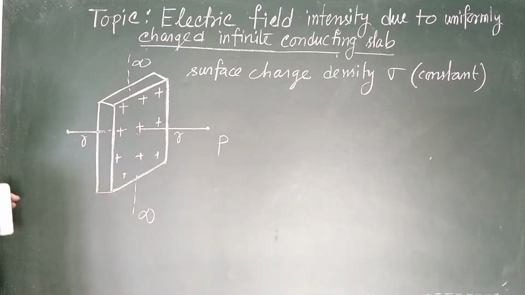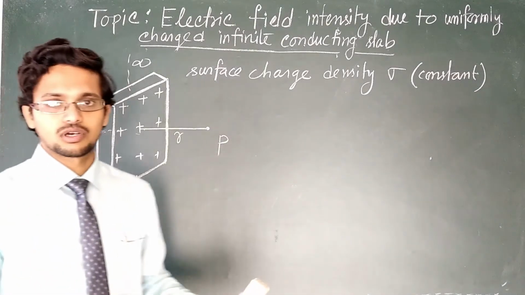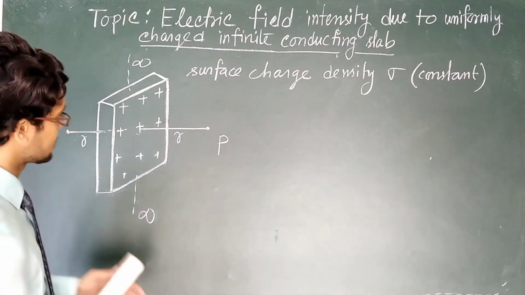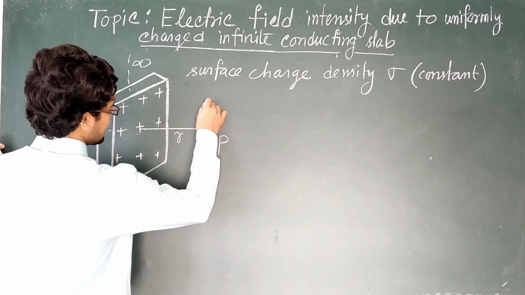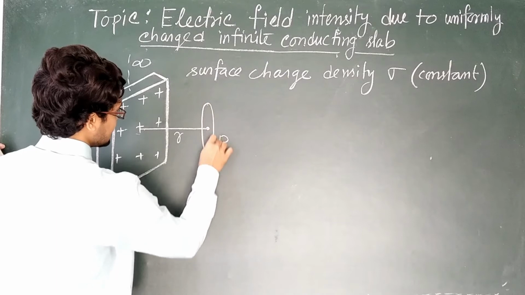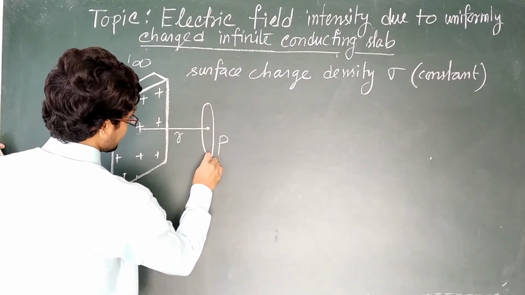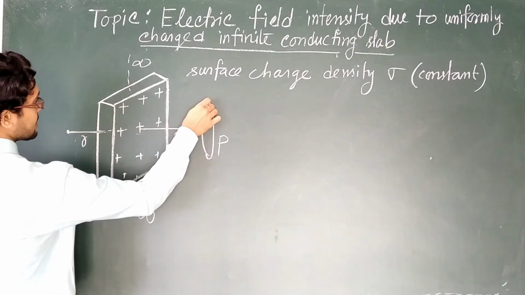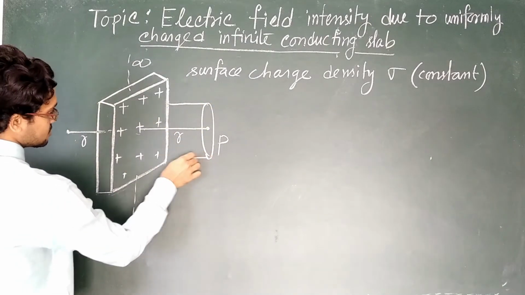Next we have to draw the Gaussian surface. Again it will look like a cylinder, and the two flat surfaces of that cylinder will pass through these points.